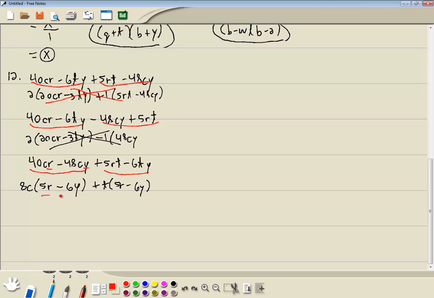Again, our goal was to get that parentheses the same as that, which they are, so it's working. 5R minus 6Y. And again, to see what goes in your second set of parentheses, you can come up here and cross out the 5R minus 6Y's, and what isn't crossed out is what goes right here, which would be 8C plus T. And that would be our answer. That one is an interesting one.